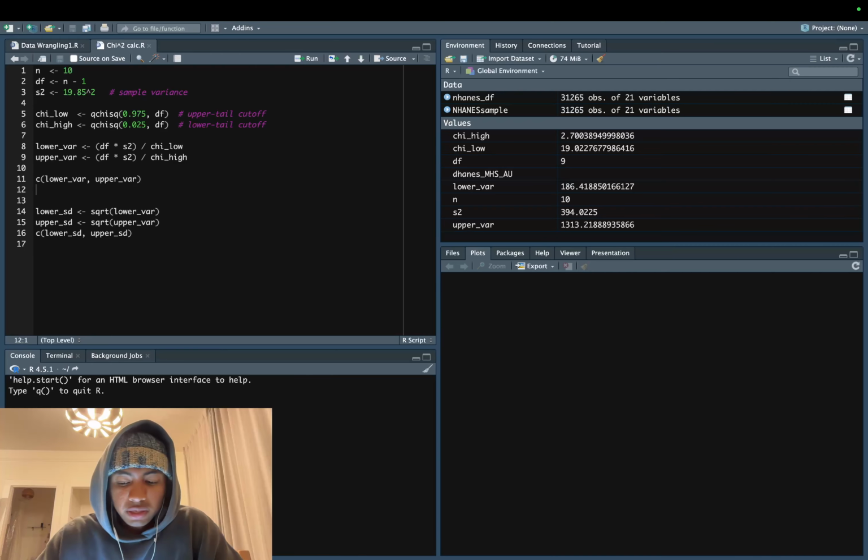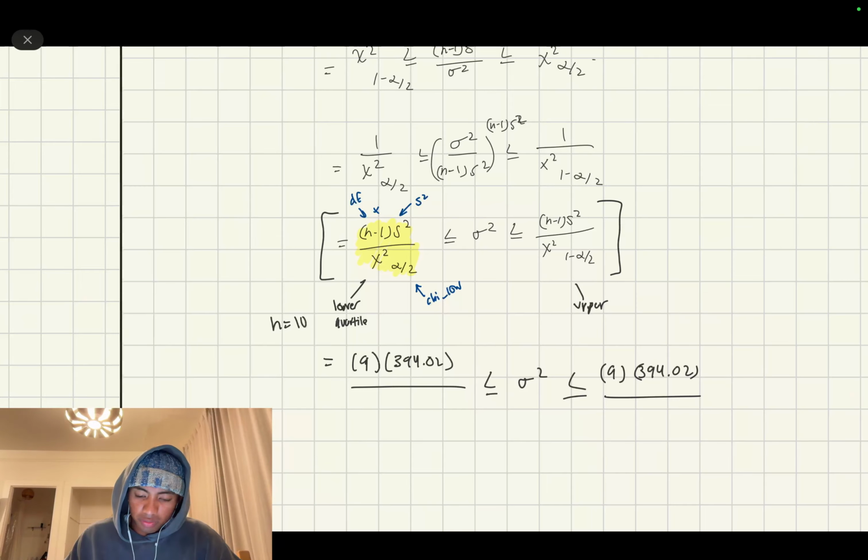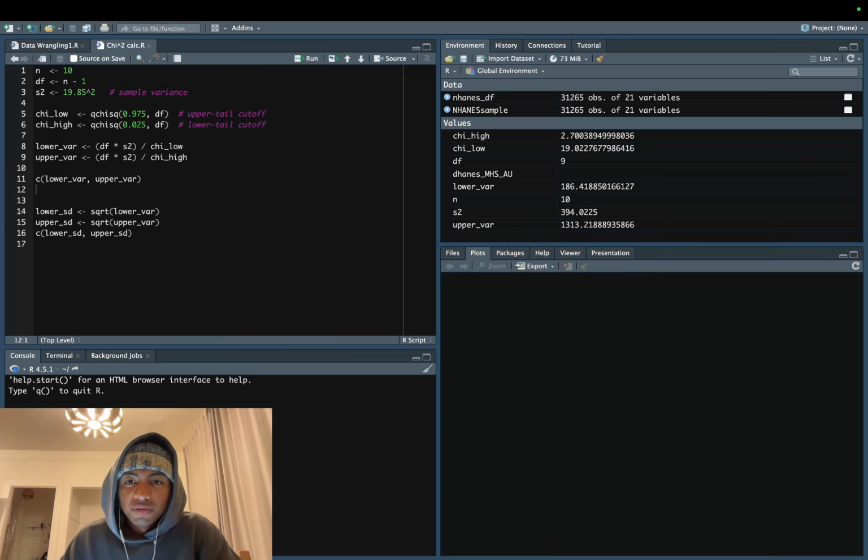But let's go back for a second and write this in. You can copy that code too if you wanted to. But for our chi-low, oh, I should have written it down. For our chi-low, we had 2.7, and our chi-high is 19.23.